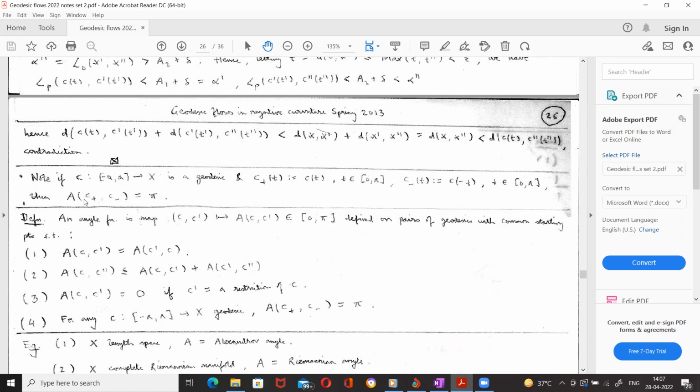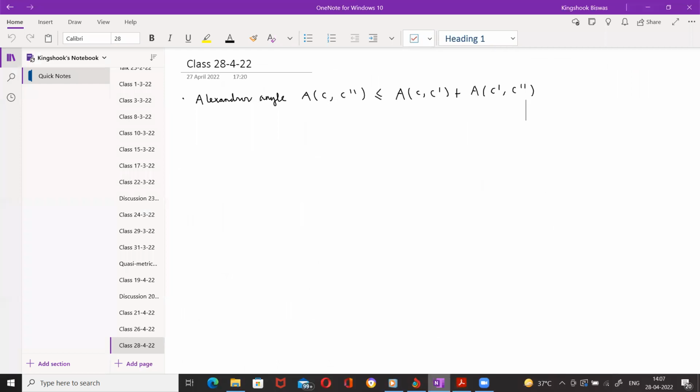Then the angle between C plus and C minus is pi. Is this clear? The Alexandrov angle between C plus and C minus is pi because we are lying in R2.